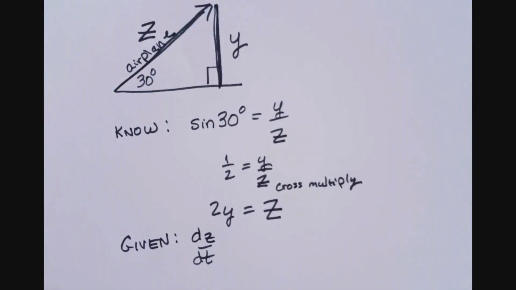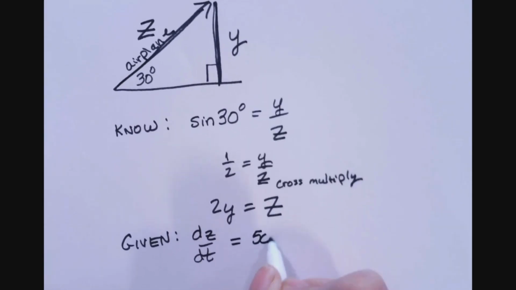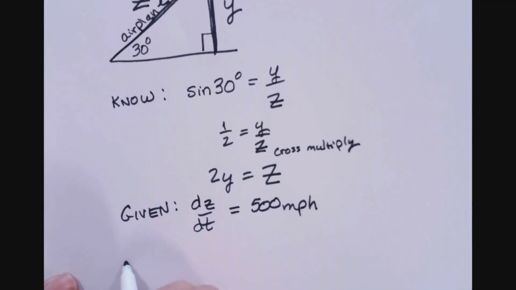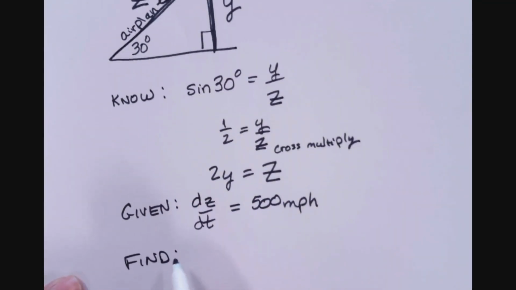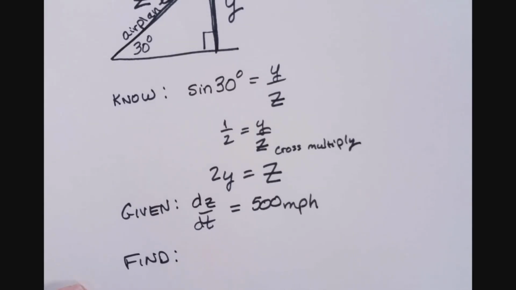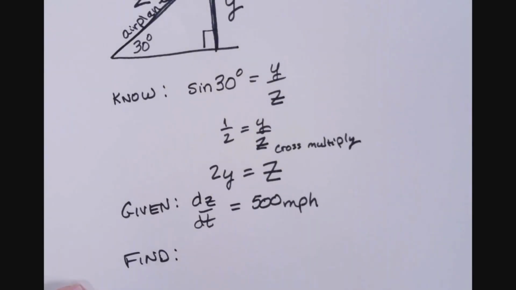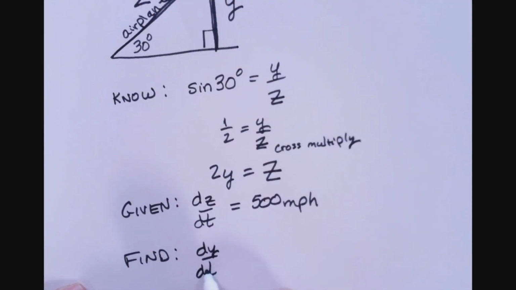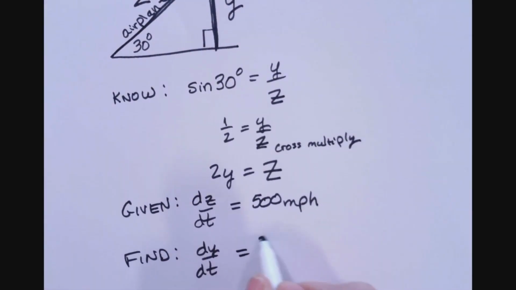So dz dt, remember the derivative is the rate of change. So the rate that z is changing. dz dt equals 500 miles per hour. And we are trying to find, it says how fast is the aircraft gaining altitude. So we're trying to find a rate, dy dt. dy dt equals question mark.